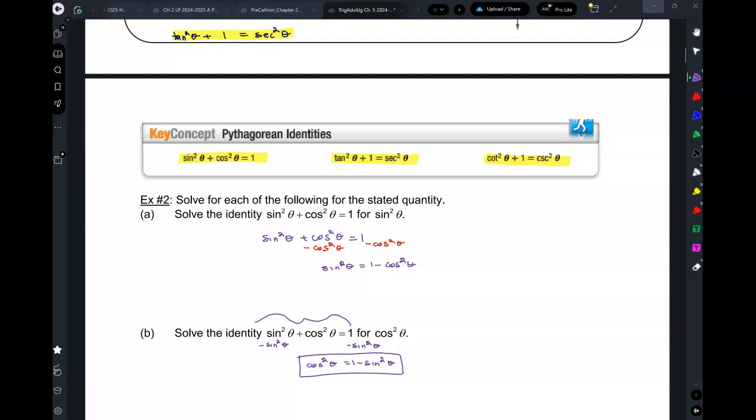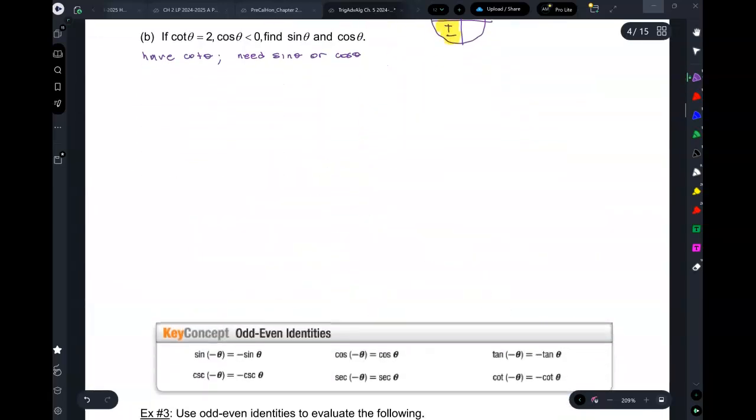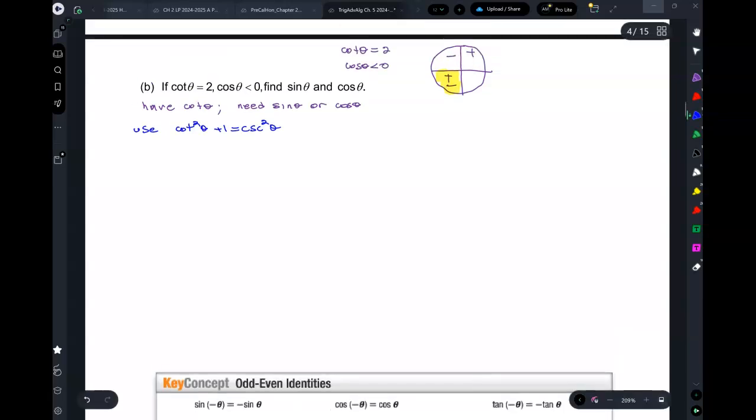So if you have this, it gives you cosecant, which is like sine, right? So your best bet is this one. So why don't we use this one? So cotangent squared theta plus 1 is cosecant squared theta.